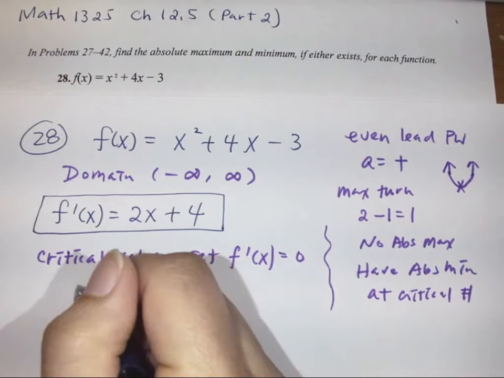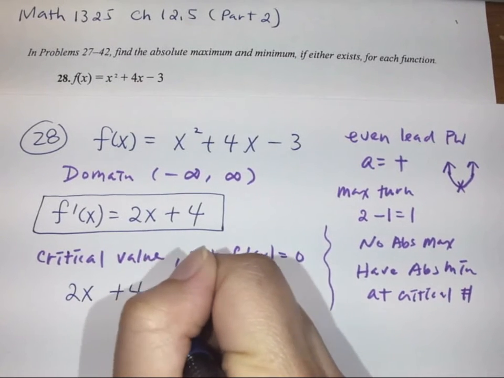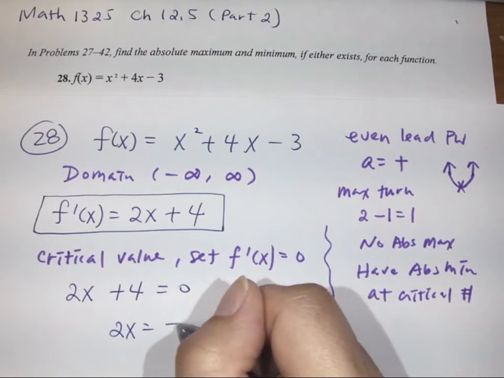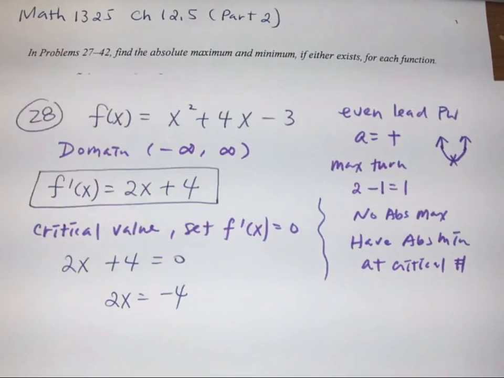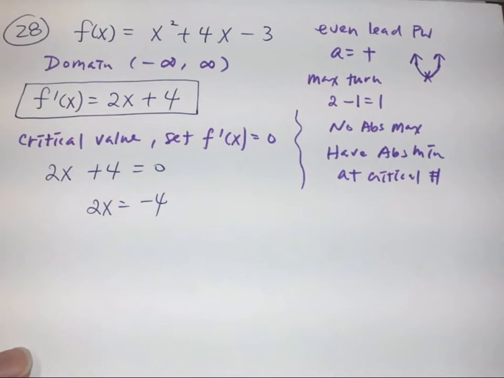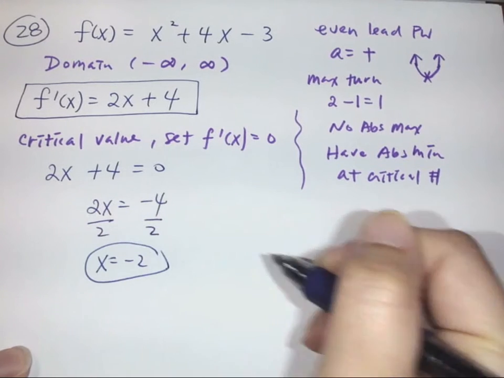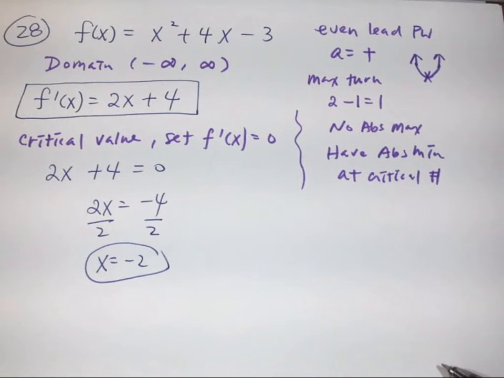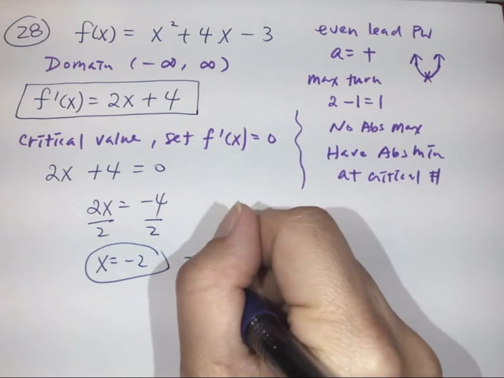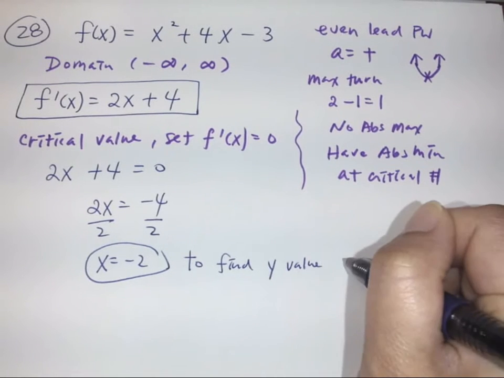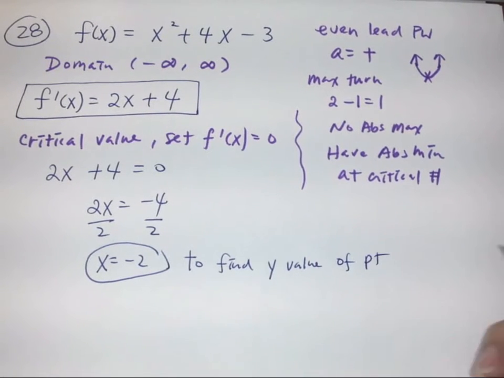So we have 2x plus 4 equal to 0, 2x equal to negative 4, and then x equal to negative 2. Are we okay? So that's my critical value. If I want to find that particular point, to find the y value, where should I plug it in?